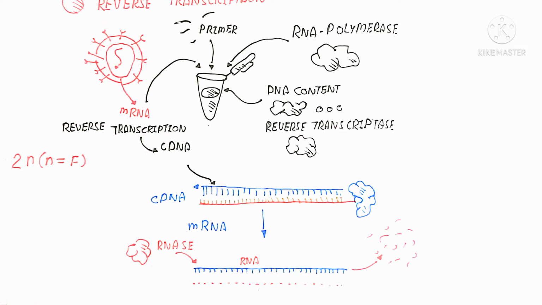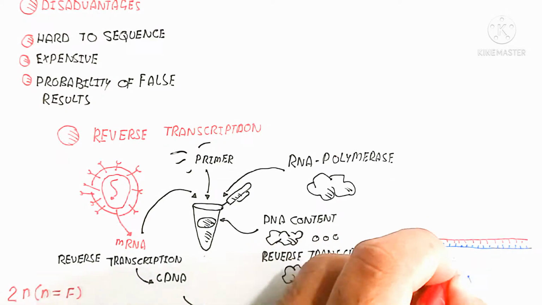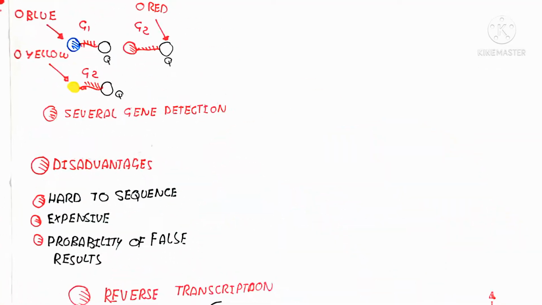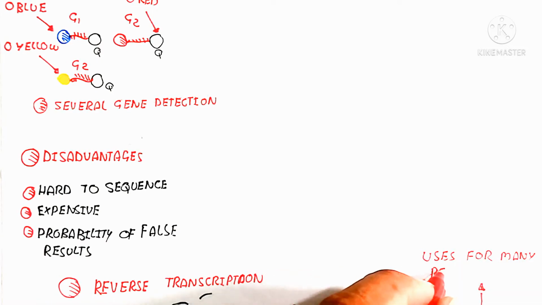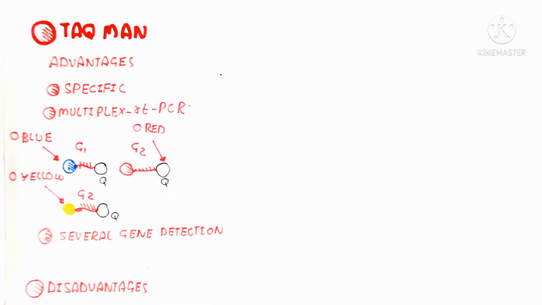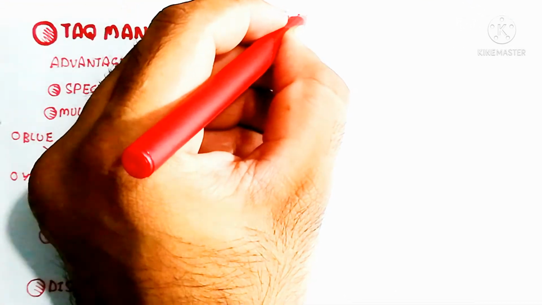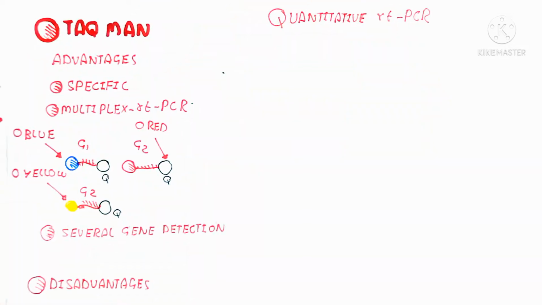So when the parental RNA is denatured, the complementary DNA will be formed due to the PCR. So this is real-time PCR, and it will also show color, and we can detect that color. After the detection of that color, we can check the infection, and it is used for many reasons.